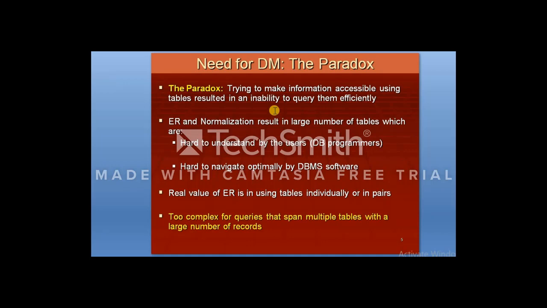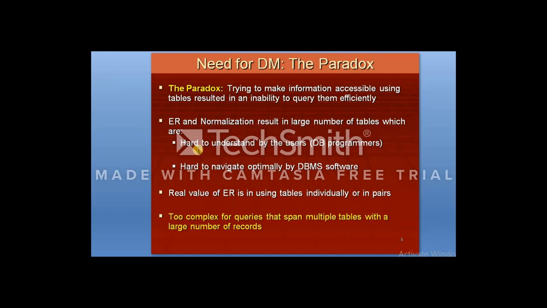ER and normalized tables result in a larger number of tables. We discussed that when we normalize our database, we make more entities or tables in order to avoid duplication. But when we try to avoid duplication, we have no idea how it will affect the performance of queries that analyze the data.